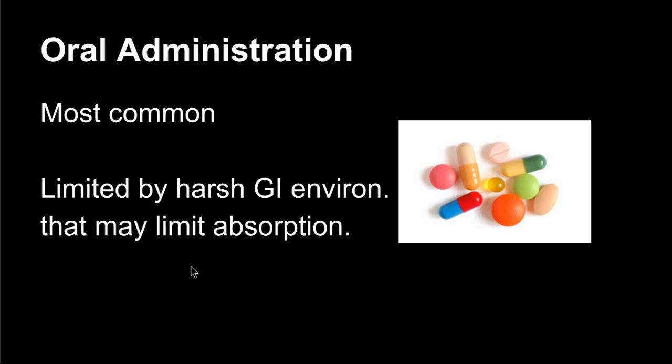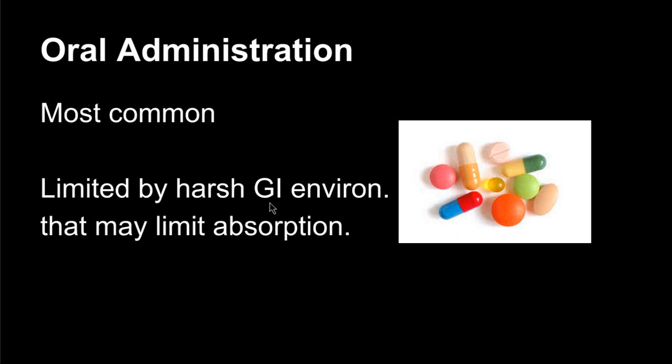Oral administration is important to note, as we'll see. It's limited a little bit by two things, one of which is listed here, which is the harsh environment of the GI, the gastrointestinal environment, that can limit its absorption. We have to remember the stomach is very acidic, so acidic that it breaks substances down prior to absorption that occurs in the small intestine.